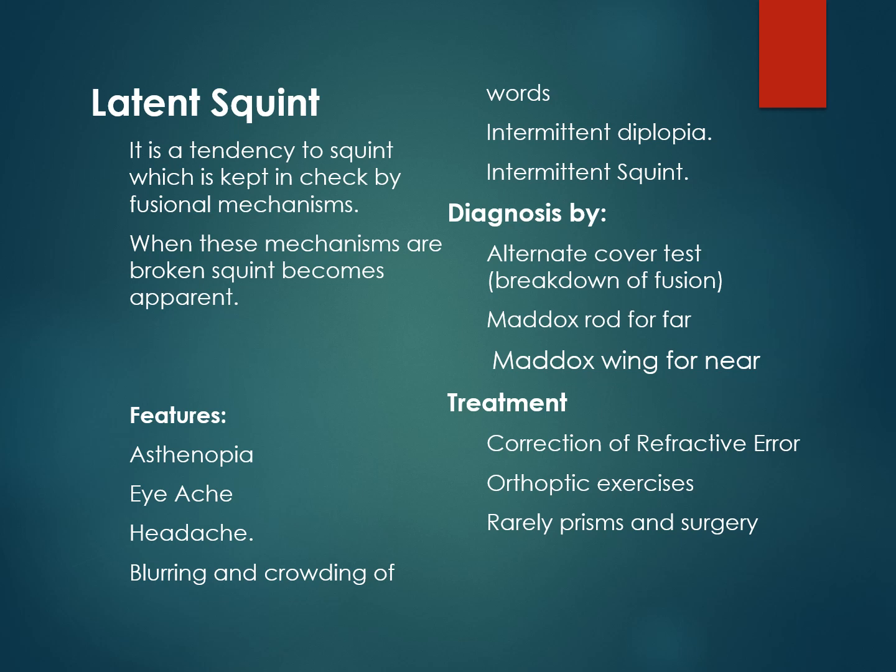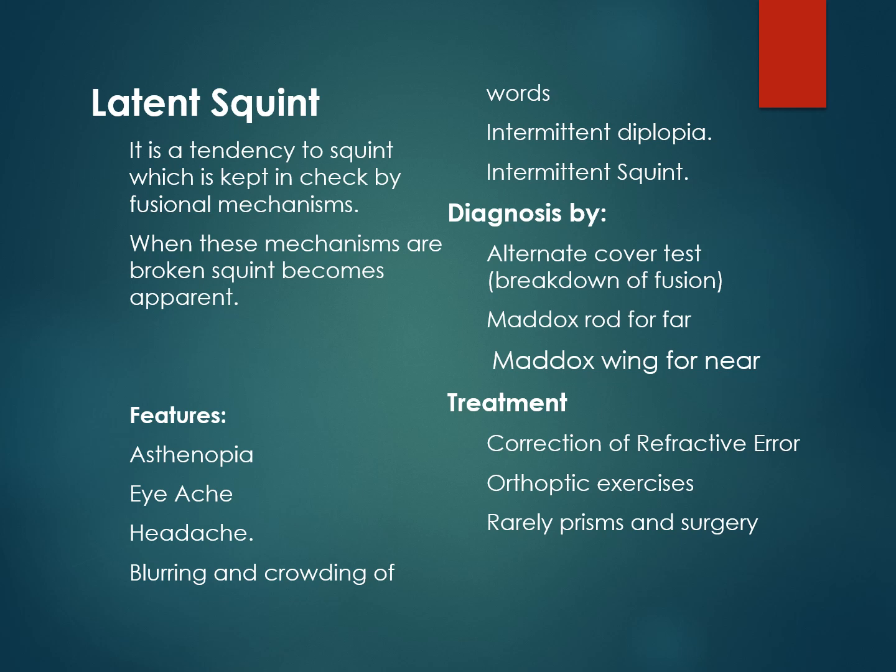Latent squint. It is a tendency to develop squint which is kept in check by fusional mechanisms. When these fusional mechanisms are broken down, squint becomes apparent. It is also called phoria. Features.